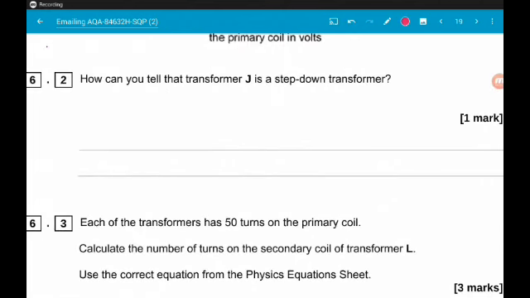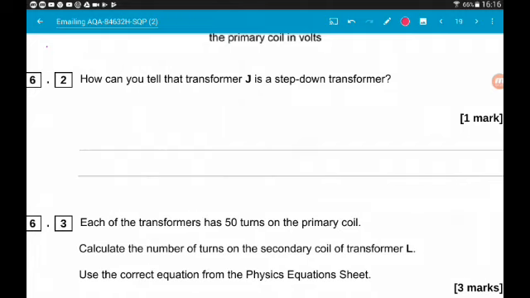Okay, then for 6.3 we are told each of the transformers has 50 turns on the primary coil. We want to calculate the number of turns on the secondary coil of transformer L using the correct equation from the physics formula sheet, which by the way is linked down below.